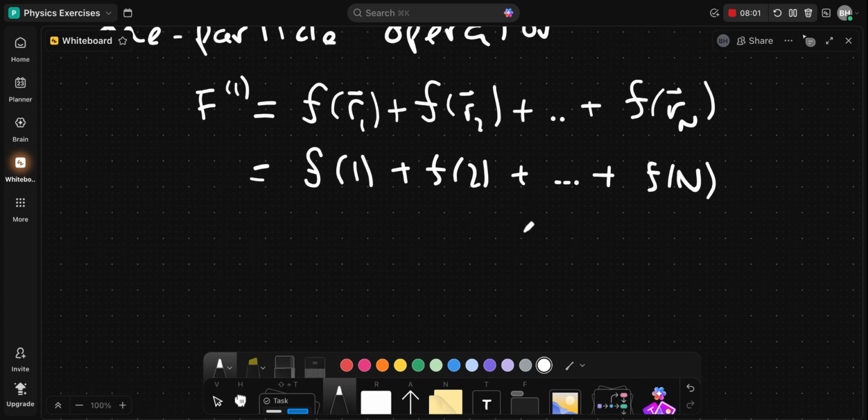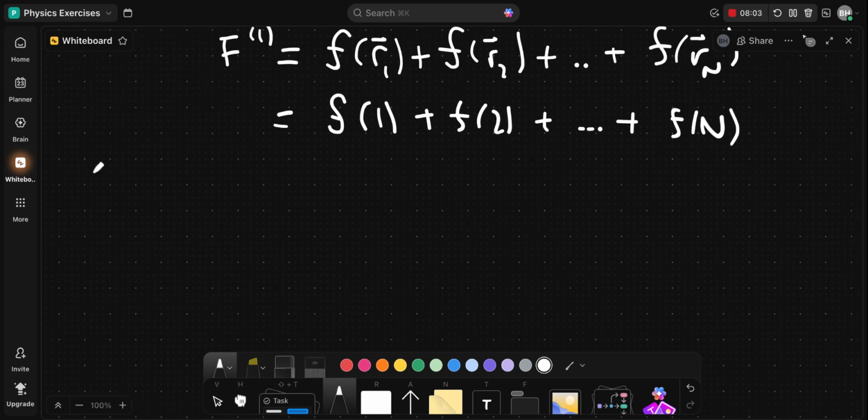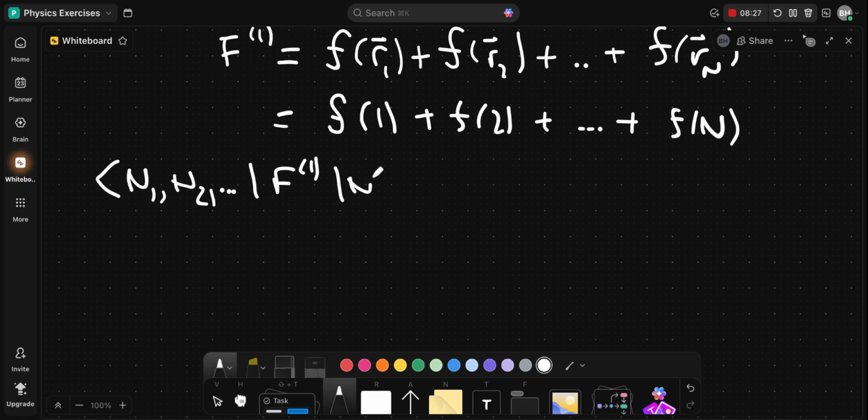In particular, what we're going to consider first is the diagonal term. What do we mean by diagonal term? We will have a wave function on the left which has n1 particles in state 1 and n2 particles in state 2, and I sandwich my one particle operator here.